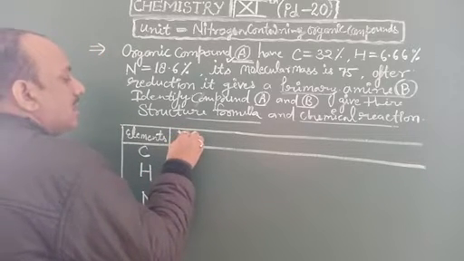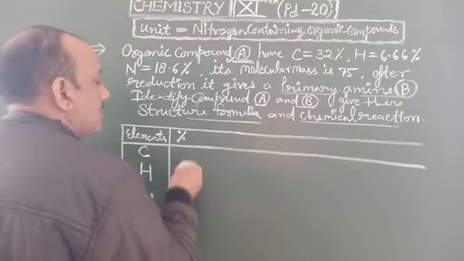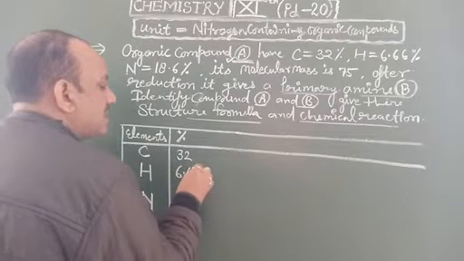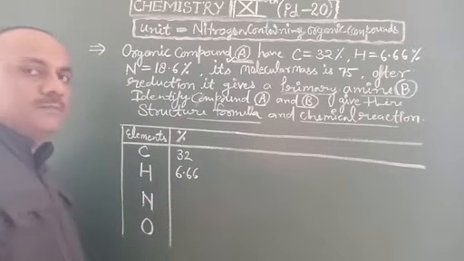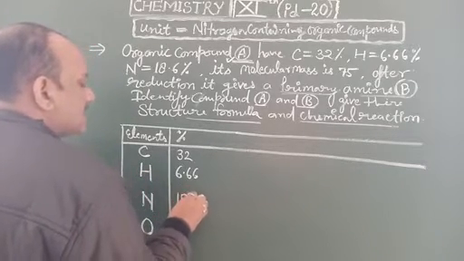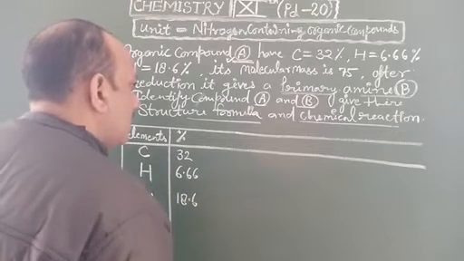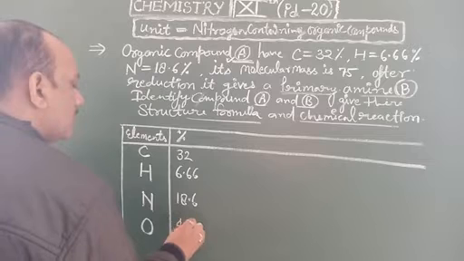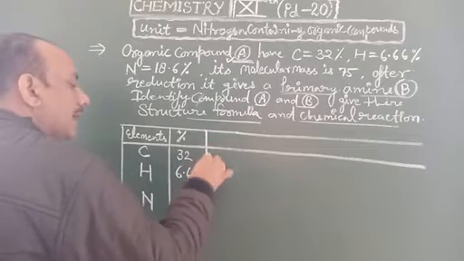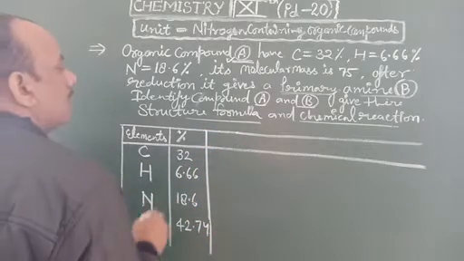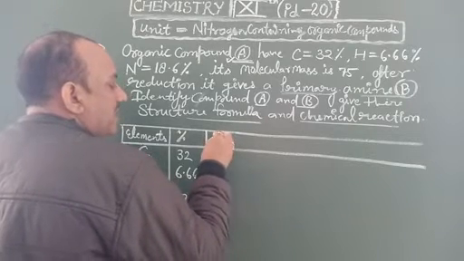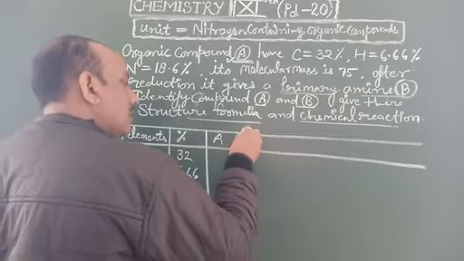Their percentages: 32 for carbon, 6.66 for hydrogen, 18.6 for nitrogen and 42.74 for oxygen, according to this given composition. Now their atomic weights.